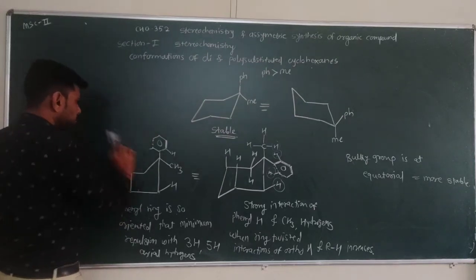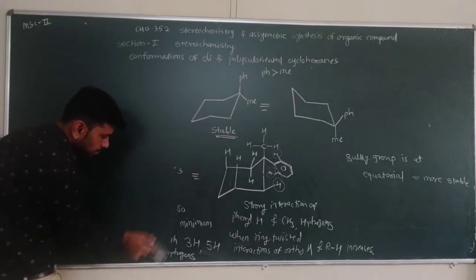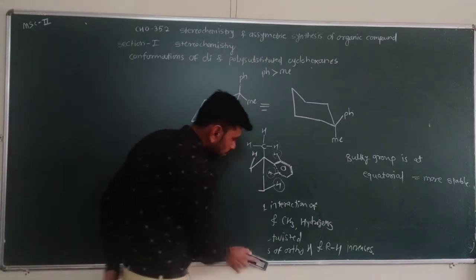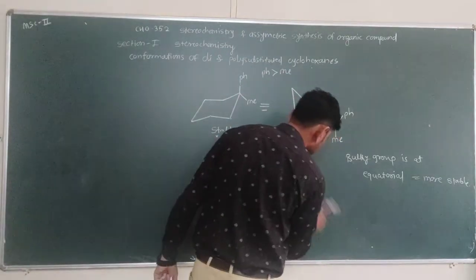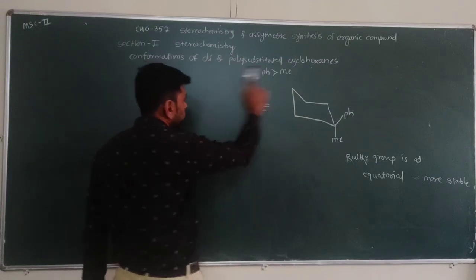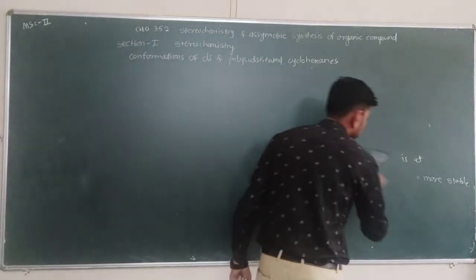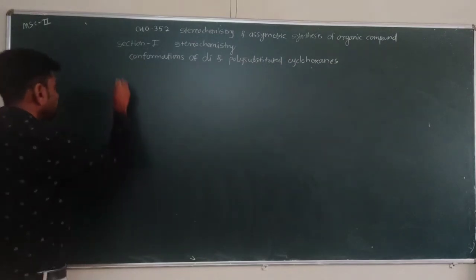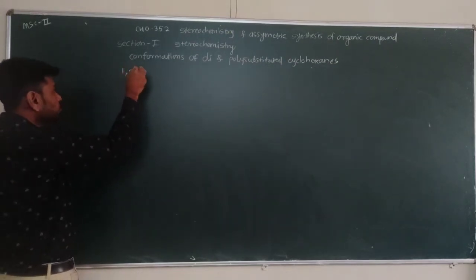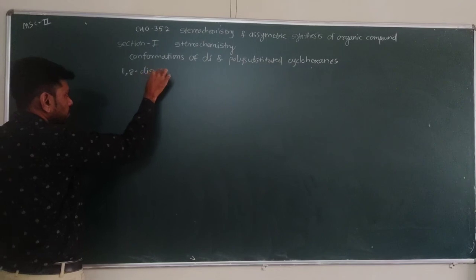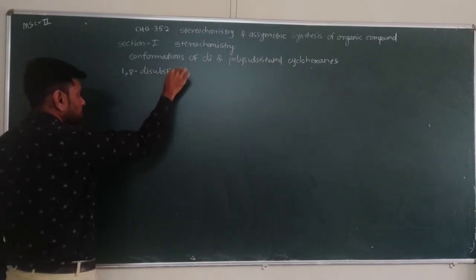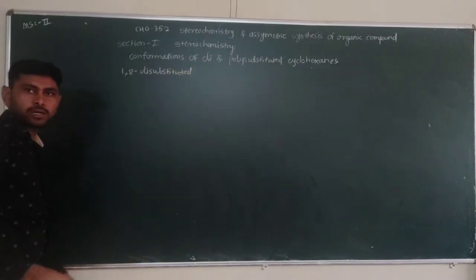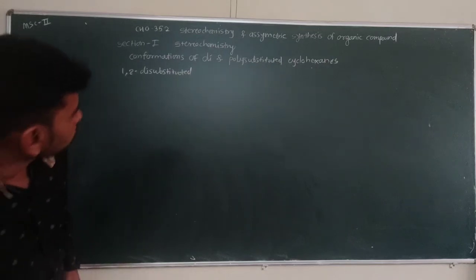Let's see the next, that is 1,2 disubstituted cyclohexanes.